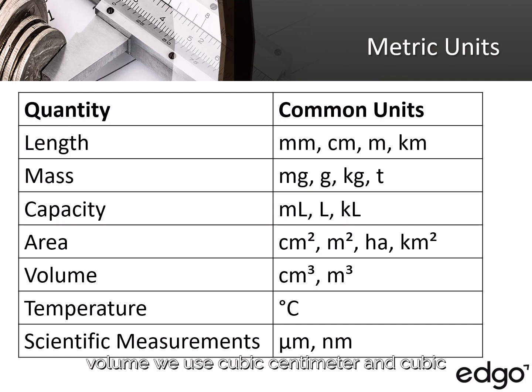For volume, we use cubic centimeter and cubic meter. Temperature is commonly measured in degrees Celsius. For scientific measurements involving extremely small objects, we use micrometer and nanometer. Notice that every quantity has its own set of units. Choosing the correct one depends on the size of the object or quantity being measured.